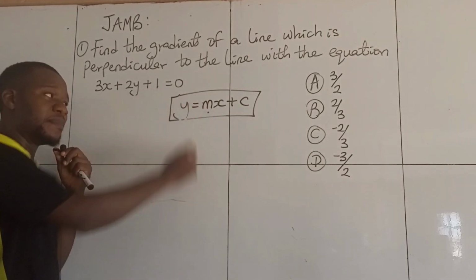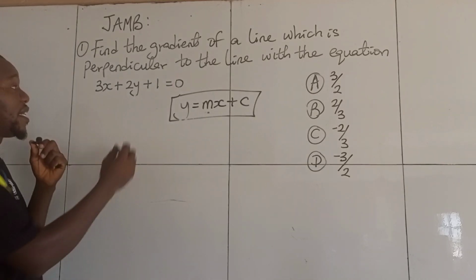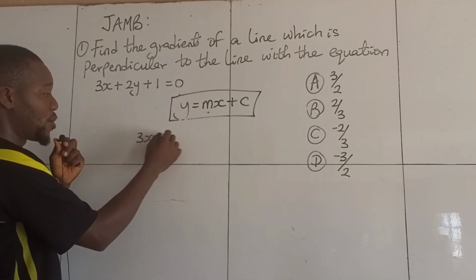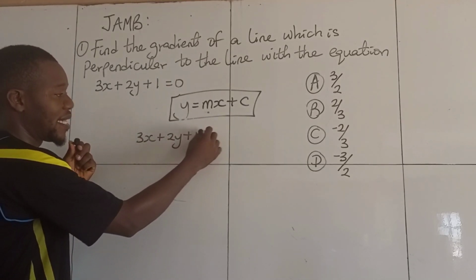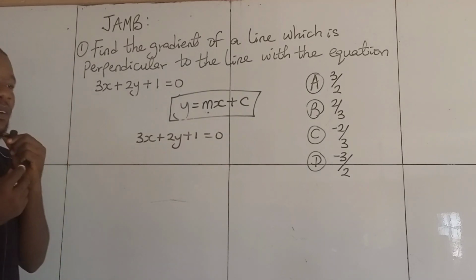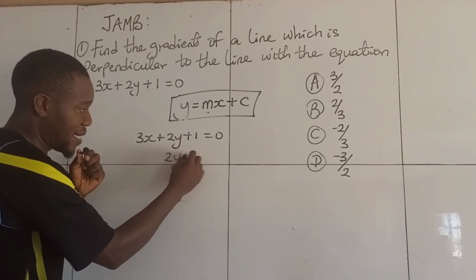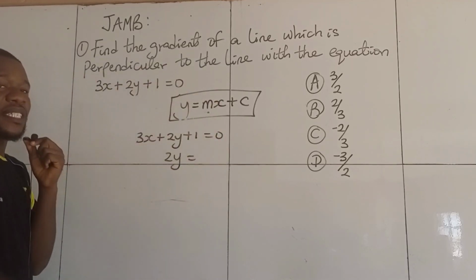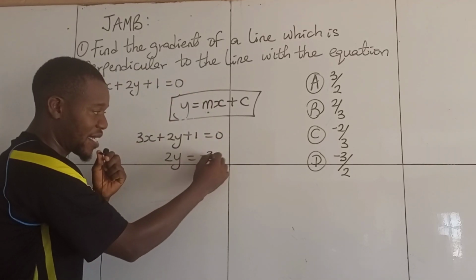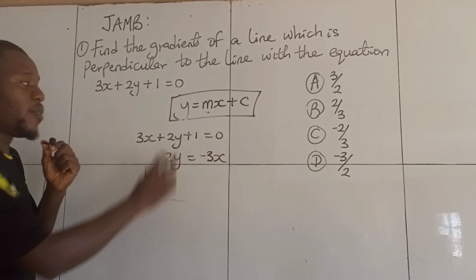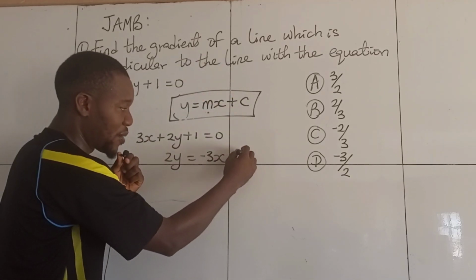So let's start with the equation 3x plus 2y plus 1 equal to 0. How do I make y the subject? So the first thing I do, 2y remains where it is. So 3x will cross the equal sign. We change to minus 3x. Of course, we know that before now. And then 1, we move over, it will change to -1.